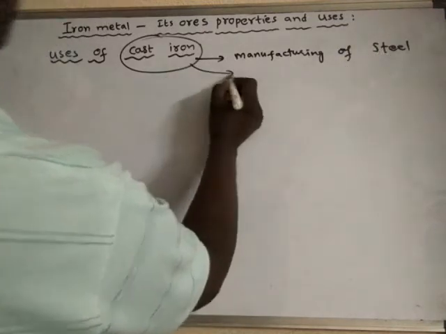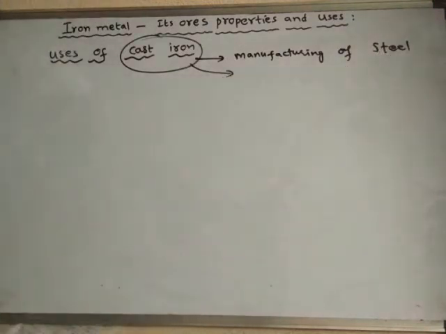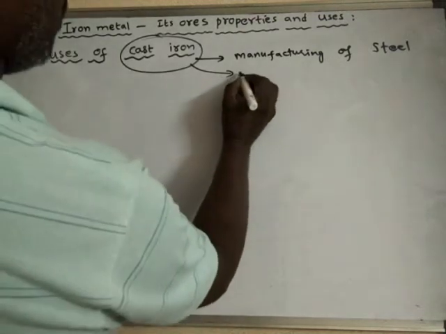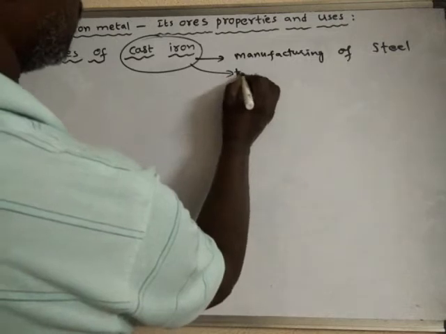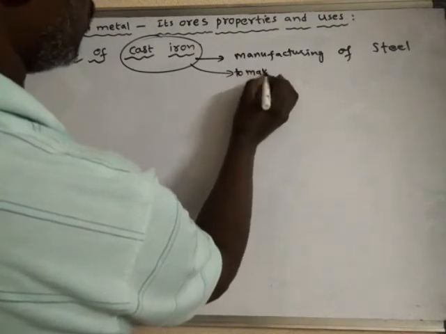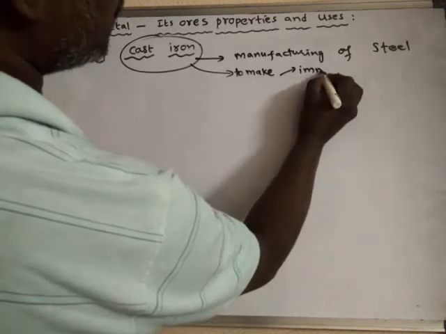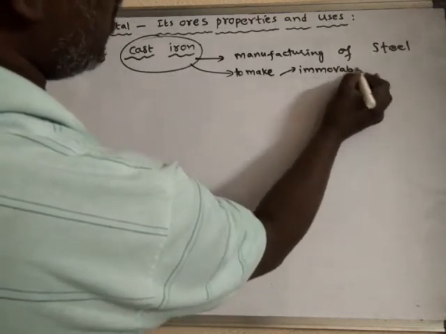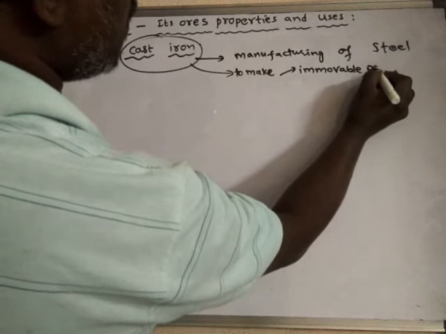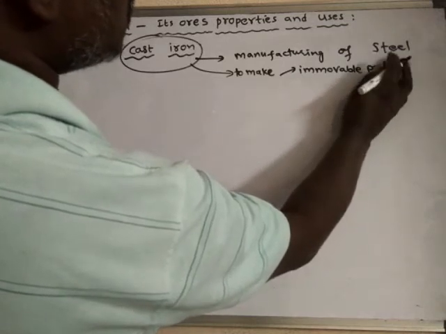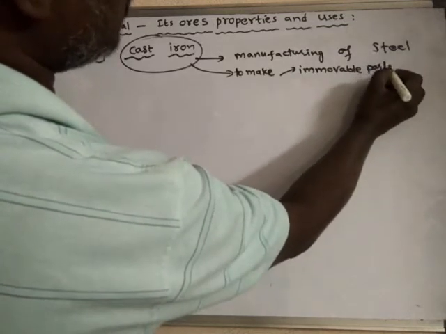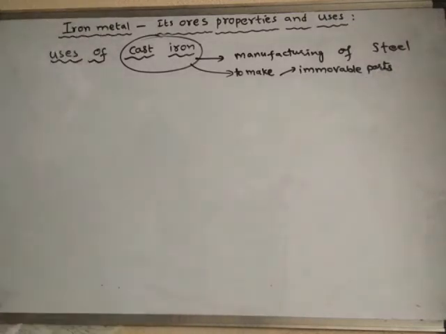It is also used to make immovable parts of machines. Because it is brittle, it will break down if you apply a large amount of force.